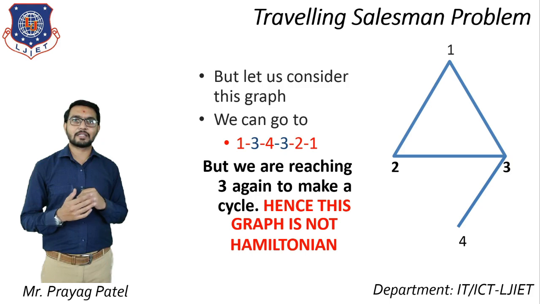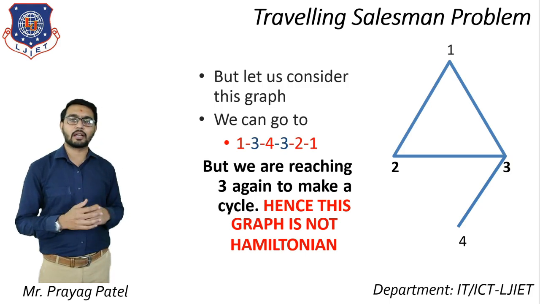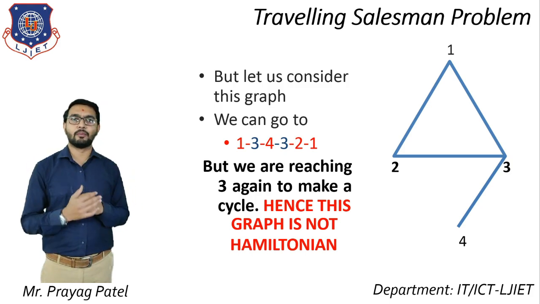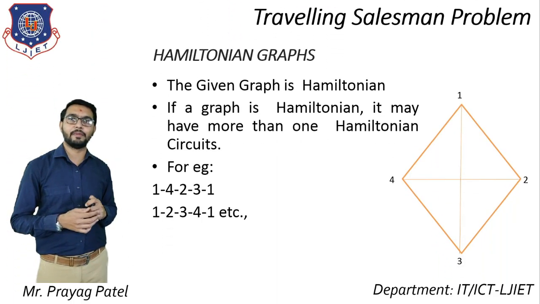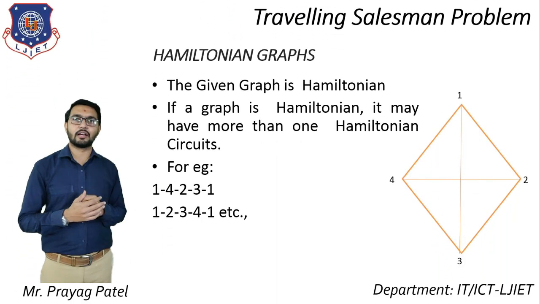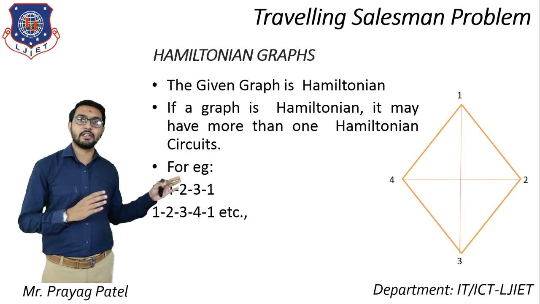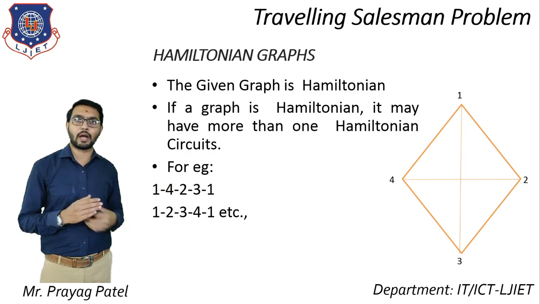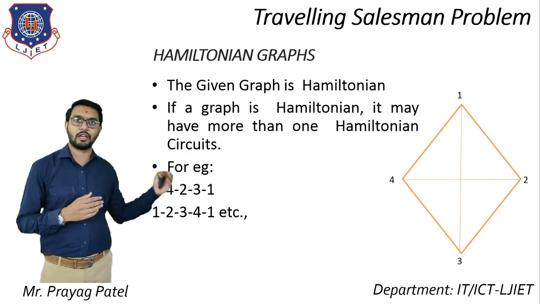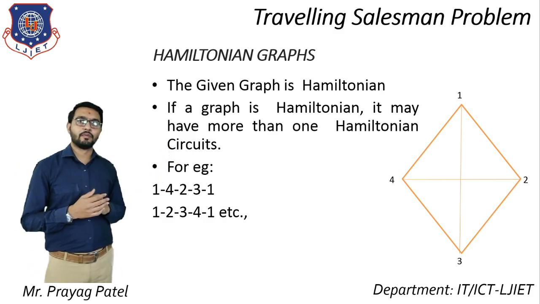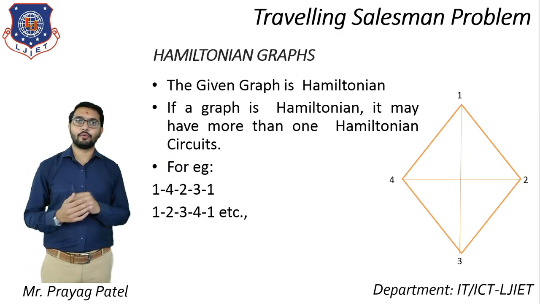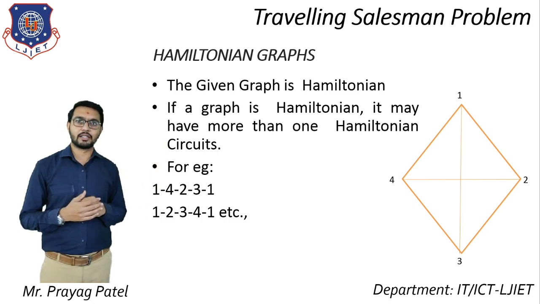So for the traveling salesman problem solution, first you check whether your path is a Hamiltonian path or Hamiltonian cycle. Consider this for understanding. Now in a Hamiltonian graph, more than one Hamiltonian path or Hamiltonian circuit may be available. For example, in this figure there are 4 nodes, node 1, 2, 3 and 4, and a total of 6 edges.